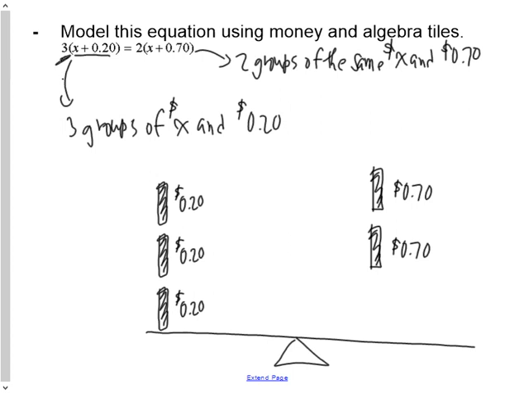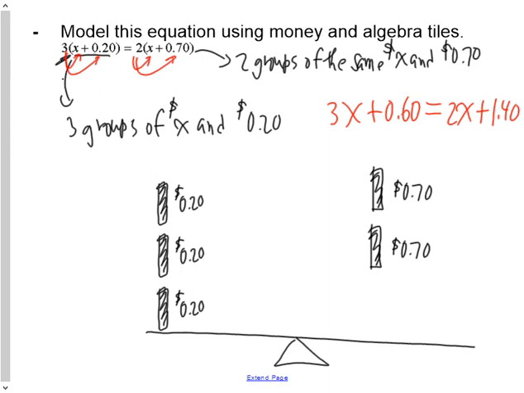So these two sides are equal. So 3x's and 60 cents is equal to 2x's and $1.40. So what this really says when I expand it is that 3x's plus 60 cents is the same thing as 2x's and $1.40.